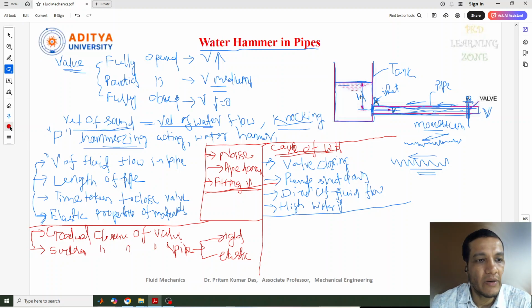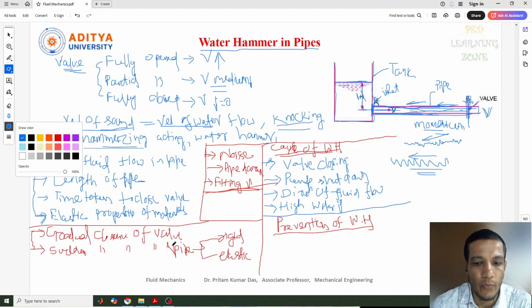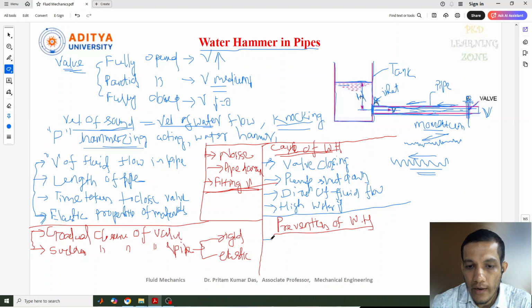And how can we prevent it? So one more point, just to complete: what prevention can be taken to avoid water hammer? What are the things we need to follow to avoid this water hammer? A few points are there. One instrument is to install a water hammer arrestor, which will avoid the sudden water hammer.